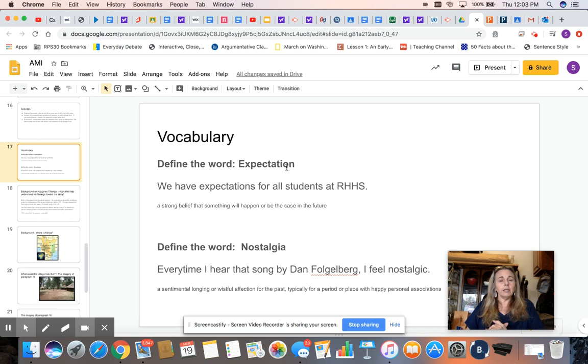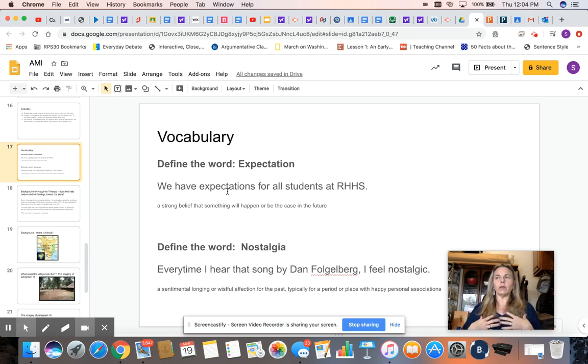And for example, at school, we all have expectations of students. That's our example sentence today. We have expectations for all students at our HHS. So again, expectations are things that we're waiting on. We have positive connotations with this word. Connotations mean feelings, like how do we feel about this word when we use it? And a lot of times they make us feel important.